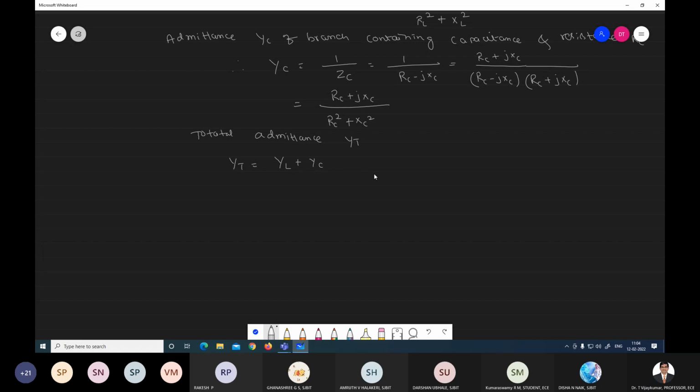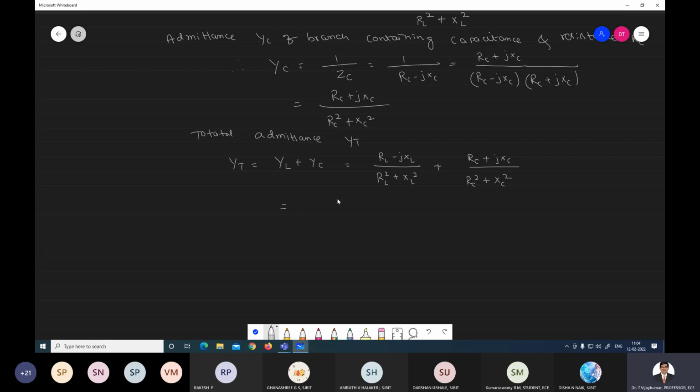So this is RL minus jXL divided by RL square plus XL square, plus RC plus jXC divided by RC square plus XC square.